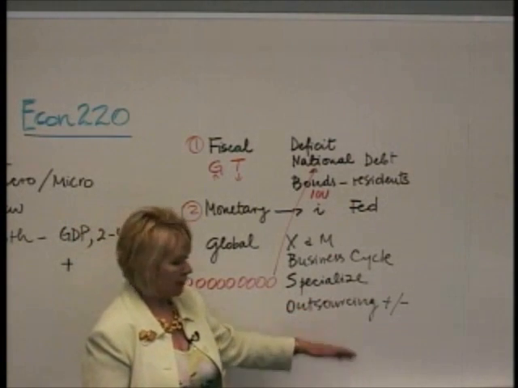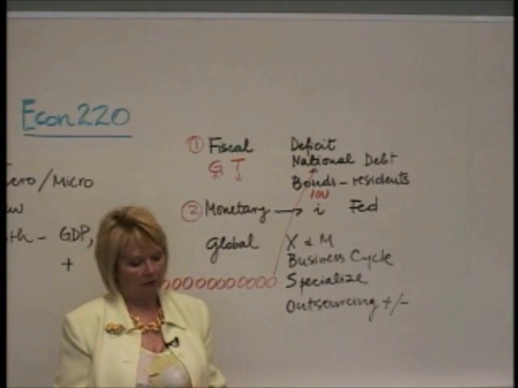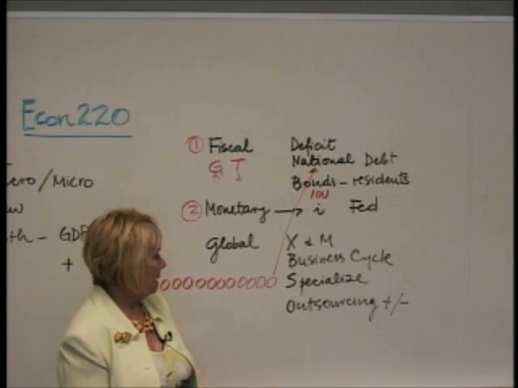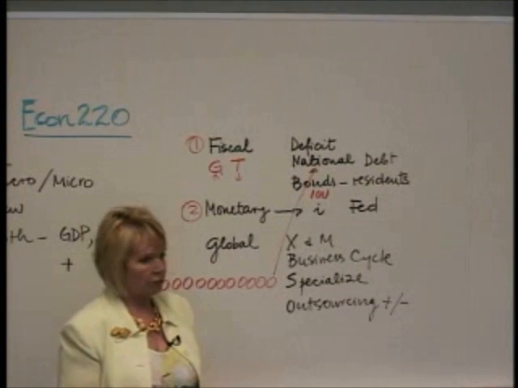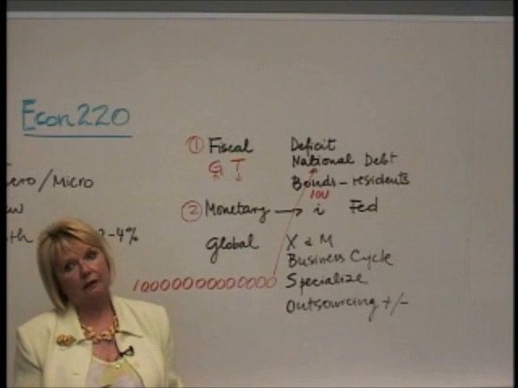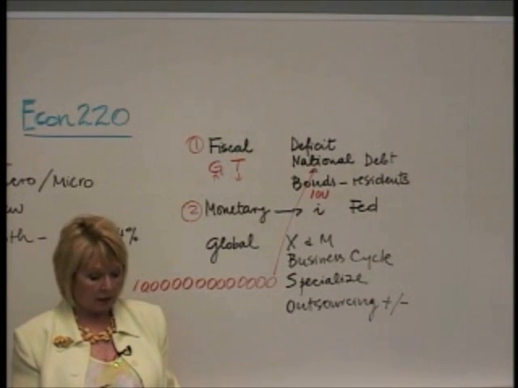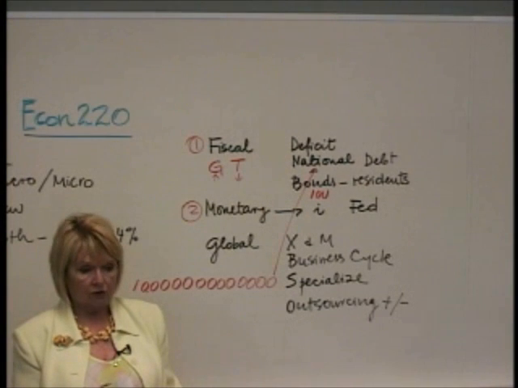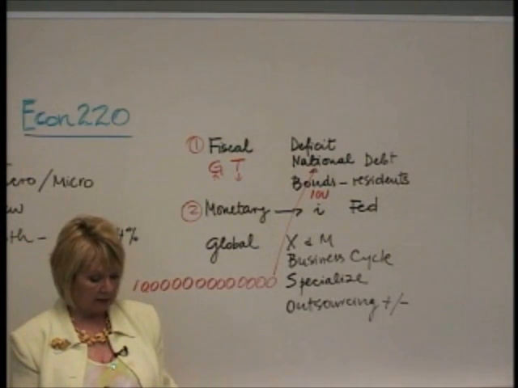So outsourcing has its advantages, and it also has its disadvantages. The main problem that we are looking at when it comes to outsourcing is jobs. And we feel that jobs are going to be lost through outsourcing, because people in other countries are going to be producing what could have been produced in the United States.